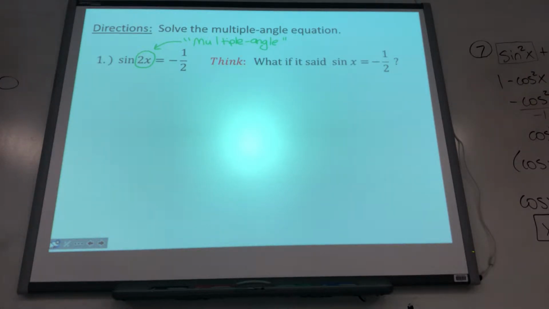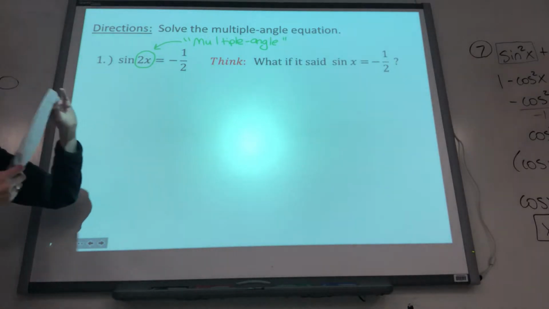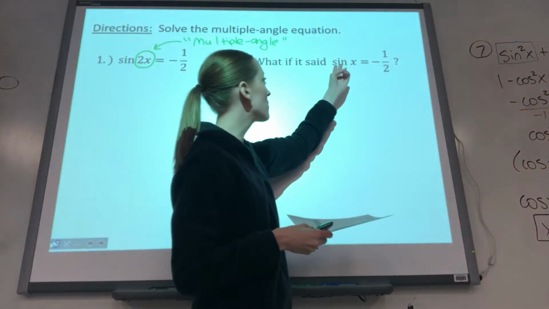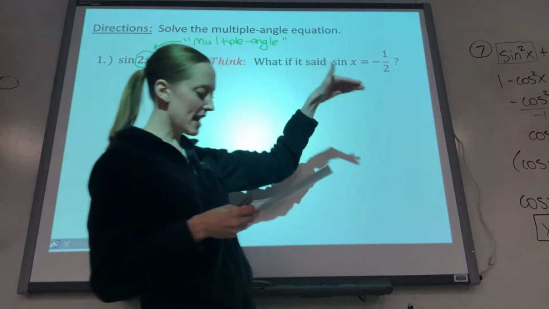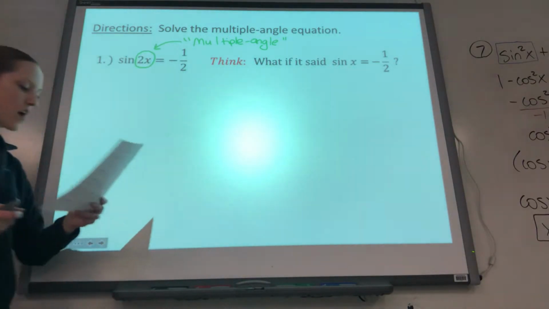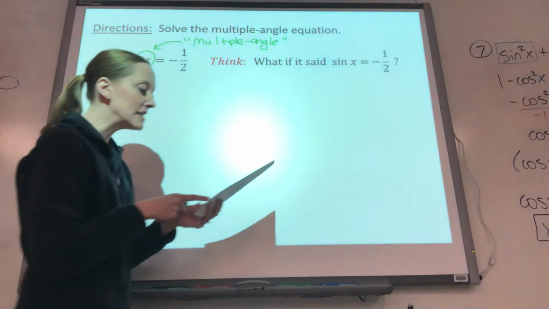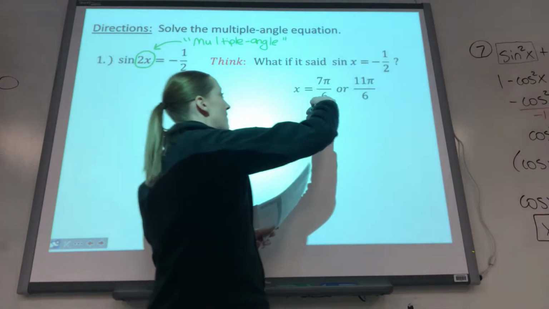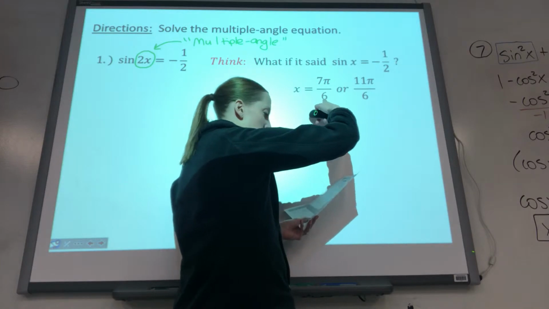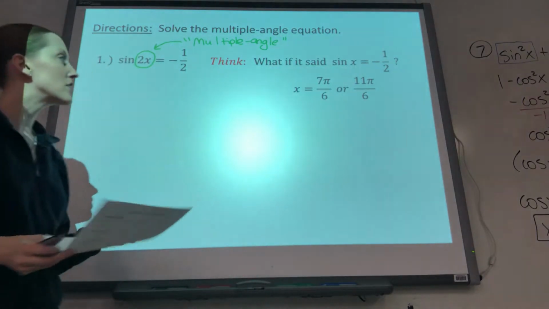Then I would pull out handy dandy and I would look at the sine row and I would scan the sine row for all of the negative 1/2s. And I'm going to do that right now. I see them at 7 pi over 6 and 11 pi over 6.